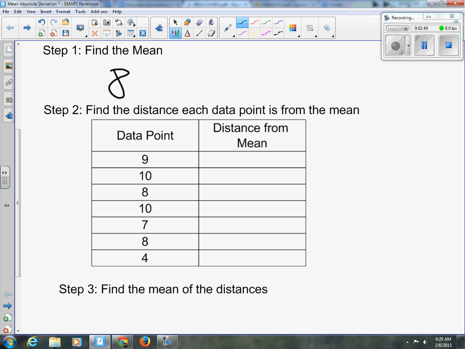Then, step number 2. Find the distance each data point is from the mean. Now, on your homework, I don't expect you guys to draw up a table like this. You don't have to do this. I just did this for demonstration purposes, okay?